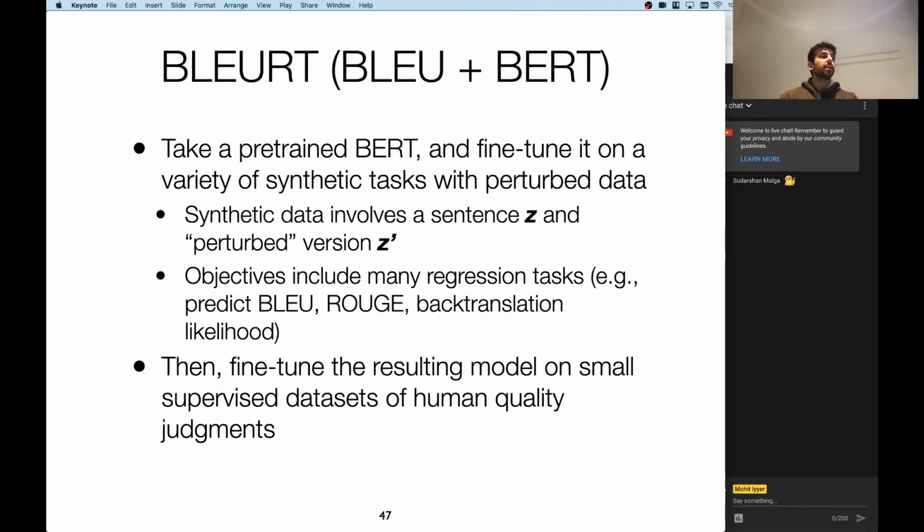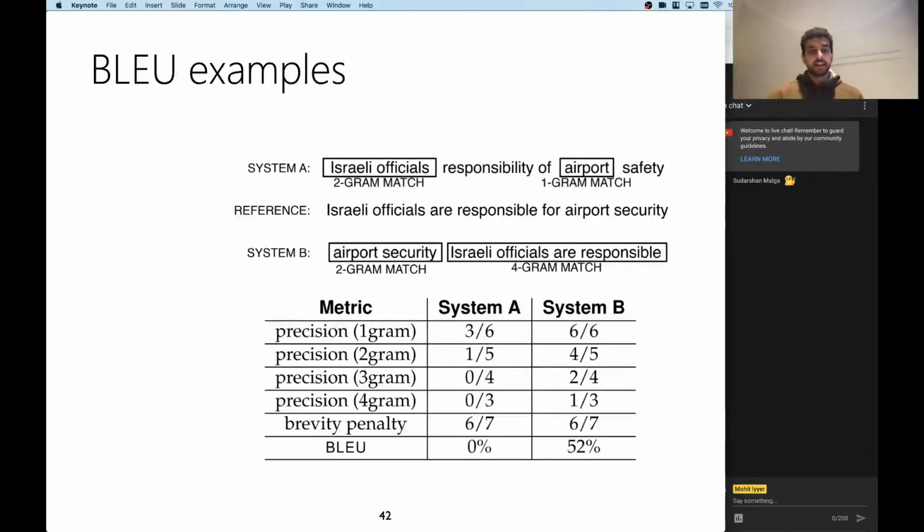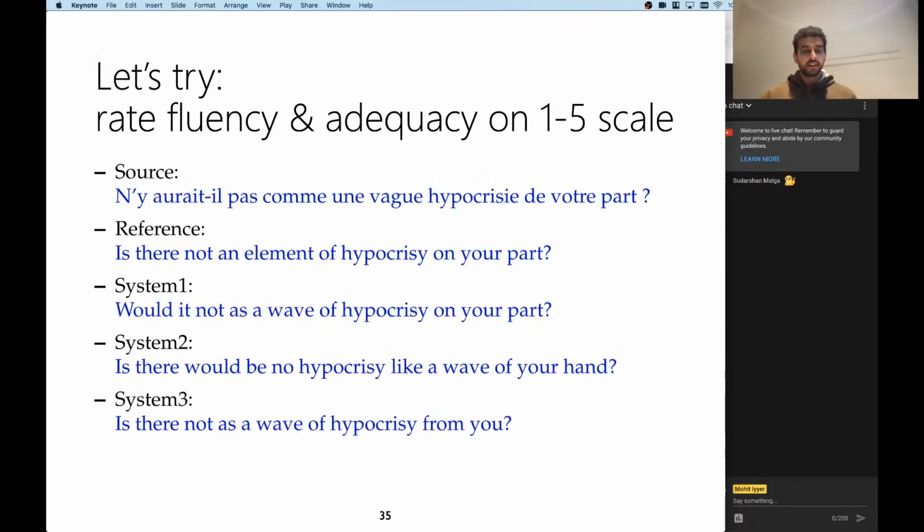But the main thing that they do is they take all of the human judgments. So we talked about these human judgments, where we ask people from 1 to 5, how adequate is this translation compared to the reference? How fluent is this?